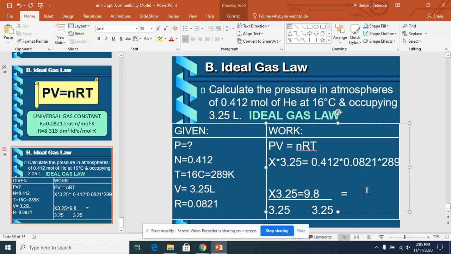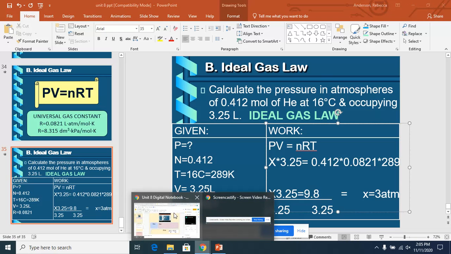Okay, so equals, x is, you do 9.8 divided by 3.25, which is 3. And we found pressure, so that would be atm, and that is our answer.